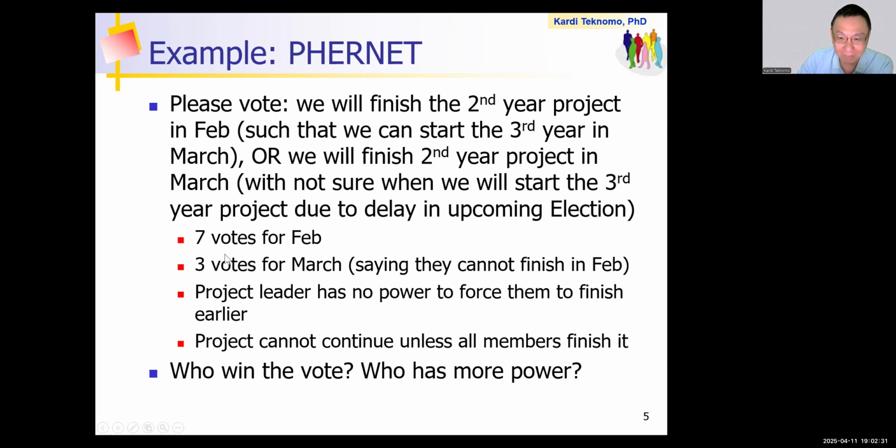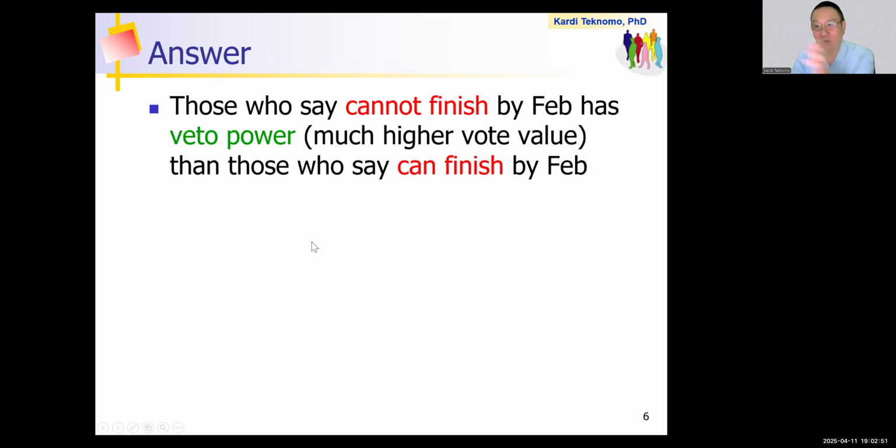But based on this reality, who actually has more power? The 3 who voted March actually have more power. We can say those who cannot finish in February, which is in March, have veto power. What is the meaning? They have a higher vote value compared to those who can finish in February, isn't it?